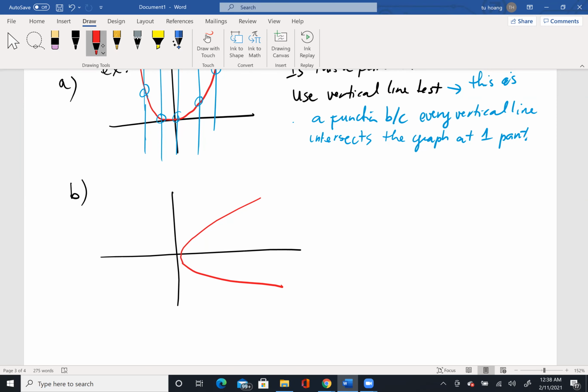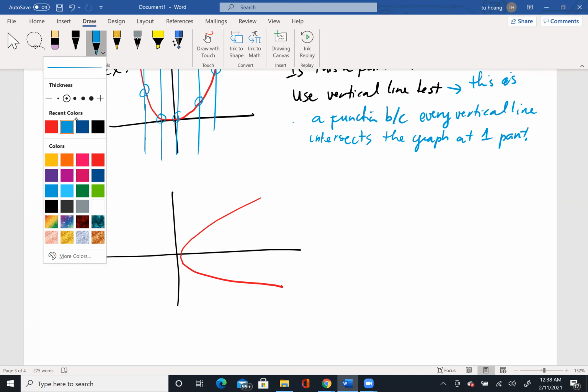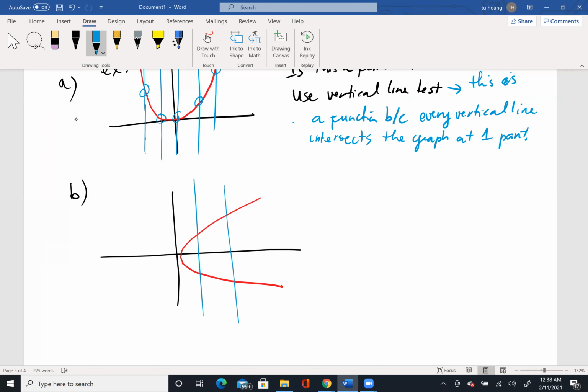I'm going to use the vertical line test. And I see that, oh, the line crosses at 2 points. The vertical line intersects the graph at 2 points.